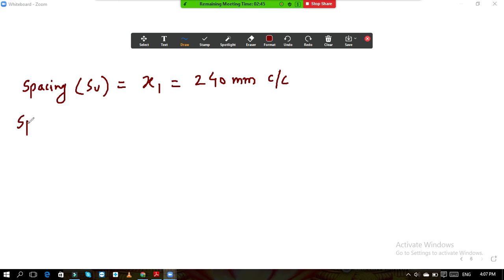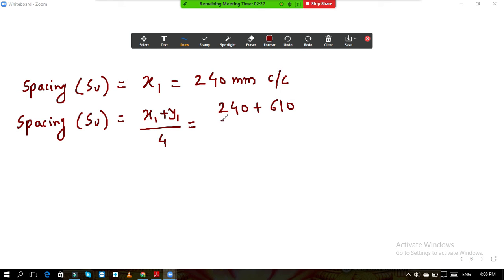Then spacing SB is equal to x1 plus y1 whole divided by 4, which is 240 plus 610 divided by 4.